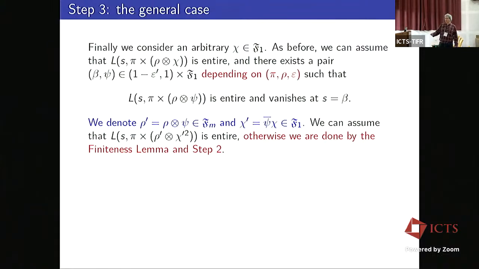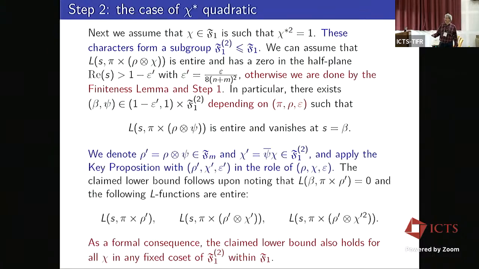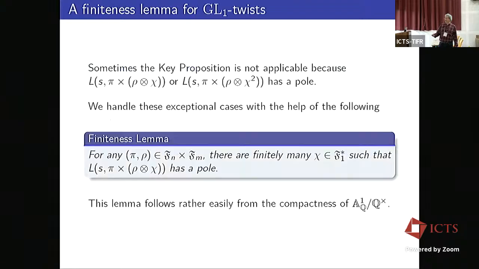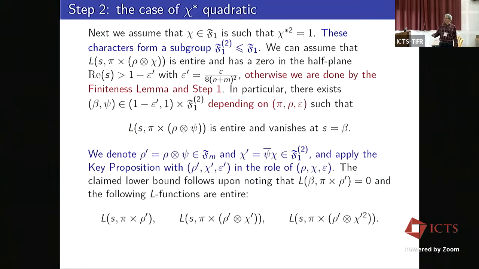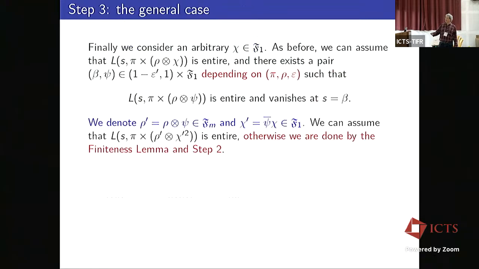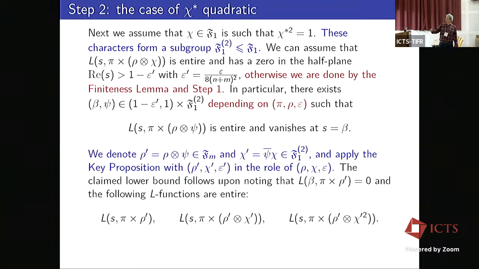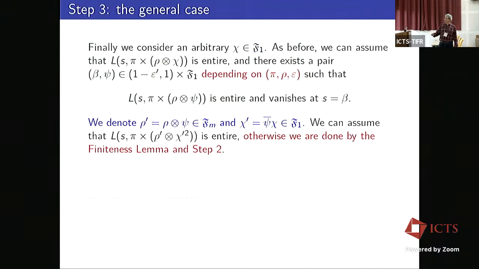So now, why? Because if this is not entire, then chi-prime squared has the feature that its twisted version comes from a finite family. So there are only finitely many cosets of the previous subgroup of characters for which this chi-prime square twist is not entire.